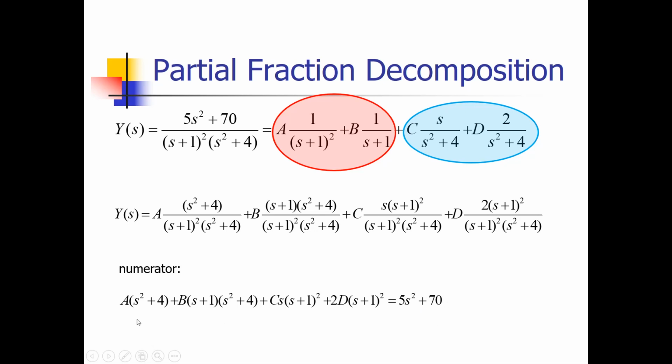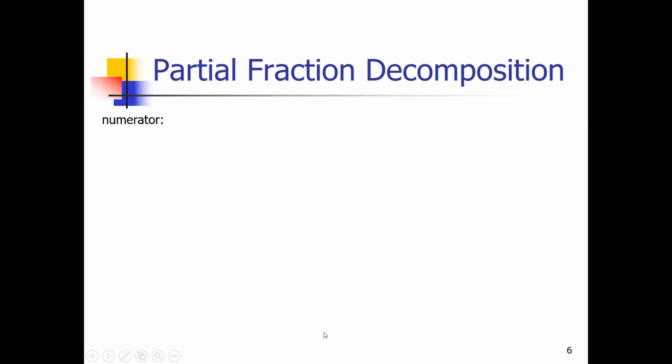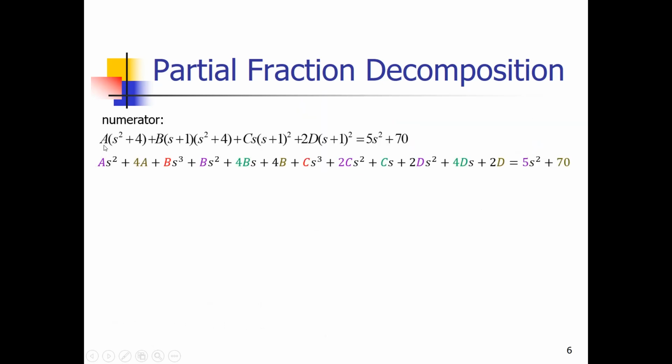So the first thing we are going to do now is work that out, and when we do that we get this part will be a times s squared plus 4 times a. This part yields b times s to the power of 3 plus b times s squared, b times 1 times s squared, plus 4 times b times s plus 1 times 4 times b is 4b.